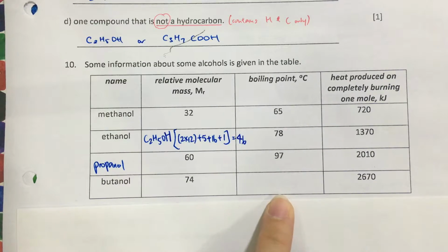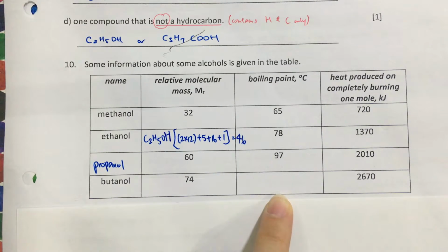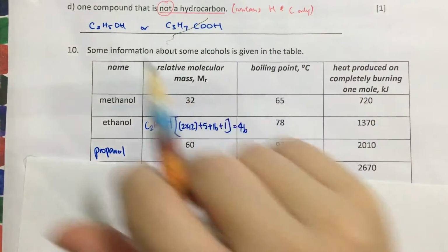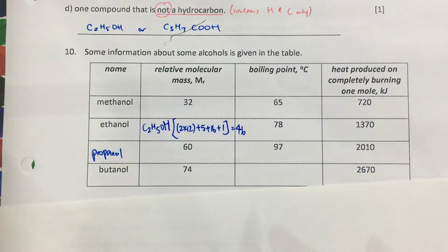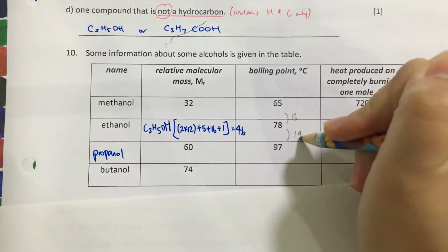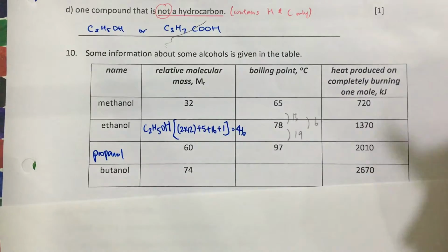Okay, next one. How then do we do the boiling point? Okay, so if you find the difference of this, okay, this difference is 13 and this difference is 19 and this difference is about 6.